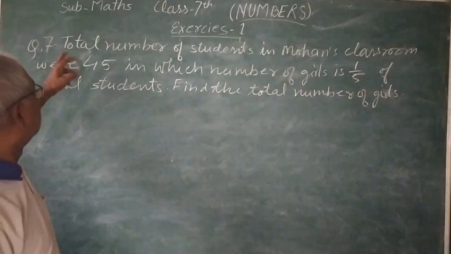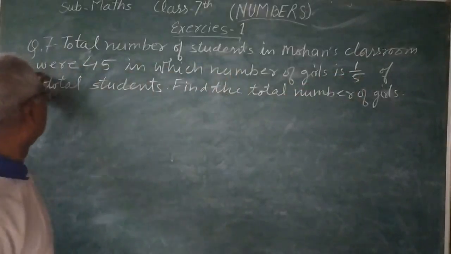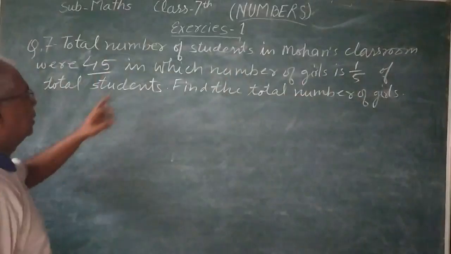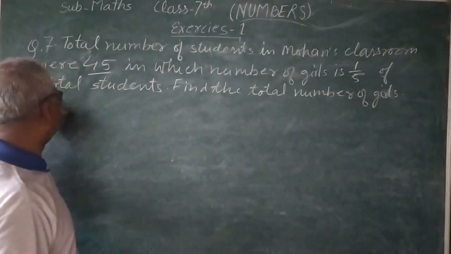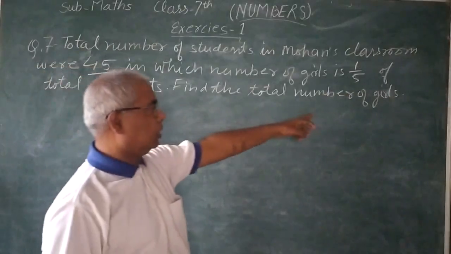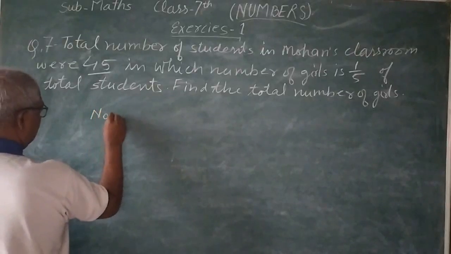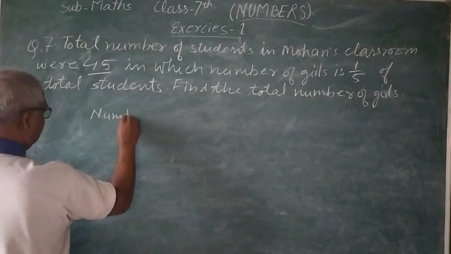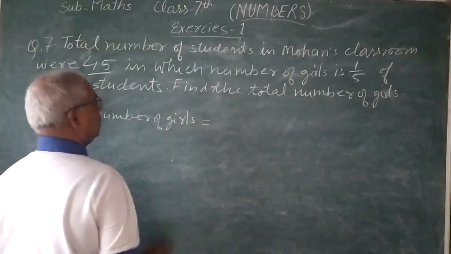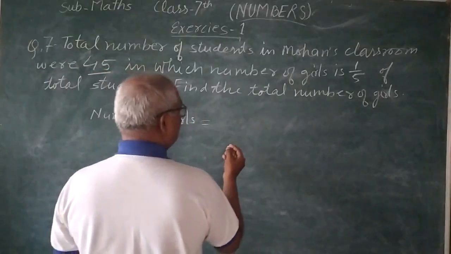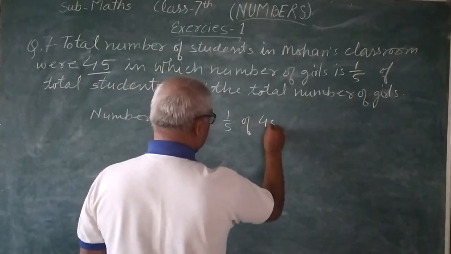Question number 7. Total number of students in Mohan's classroom were 45, in which the number of girls is 1/5 of the total students. Find the total number of girls. So the number of girls is equal to 1/5 of 45.